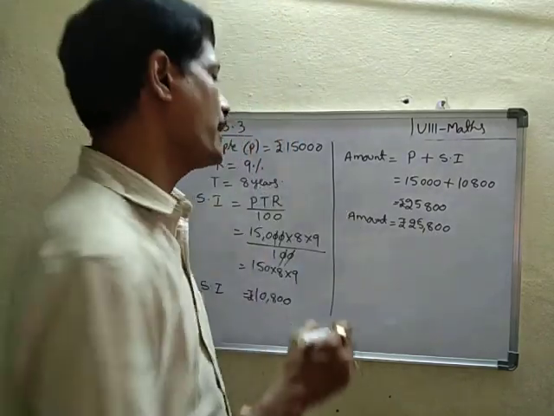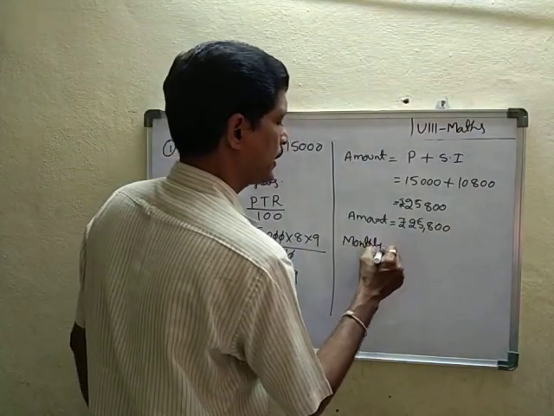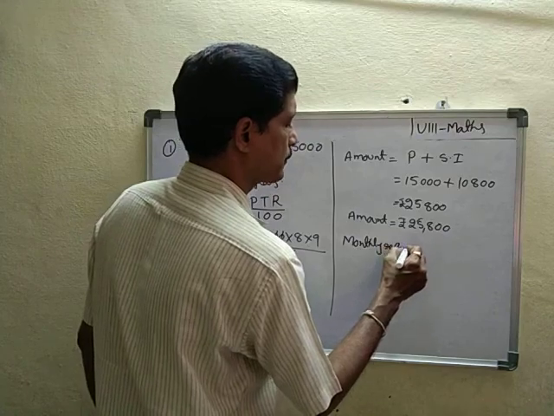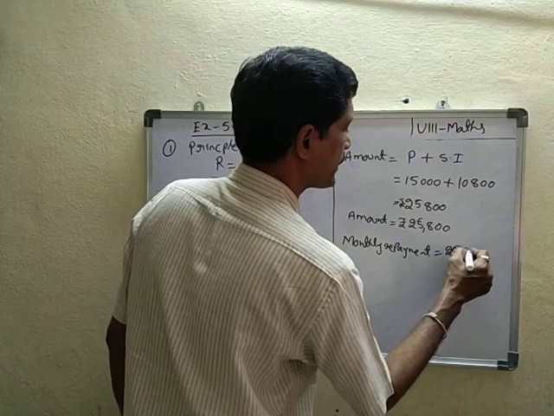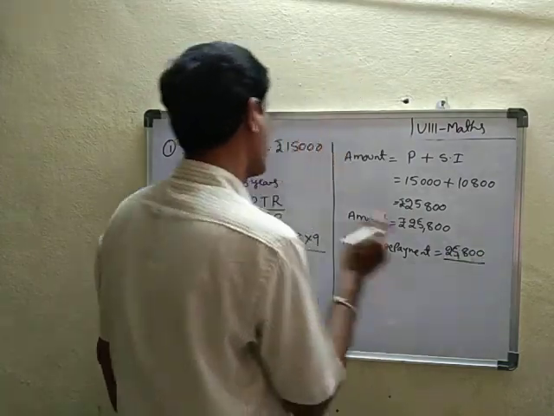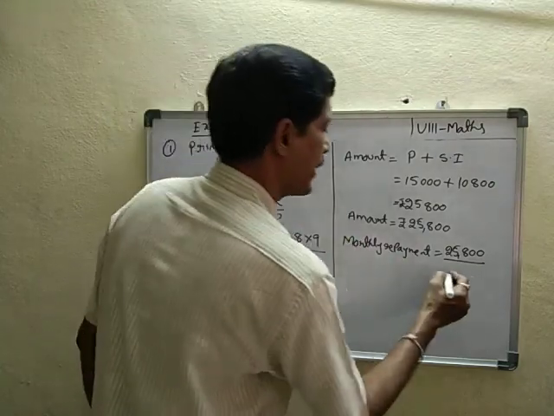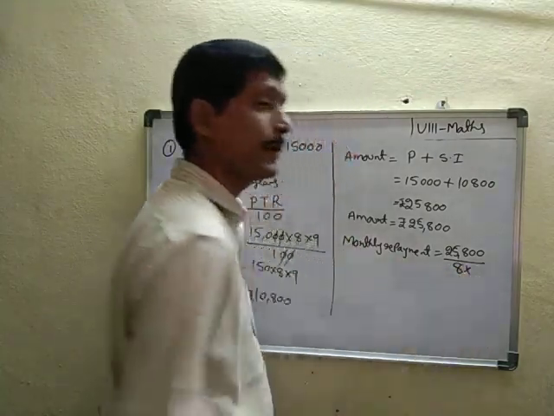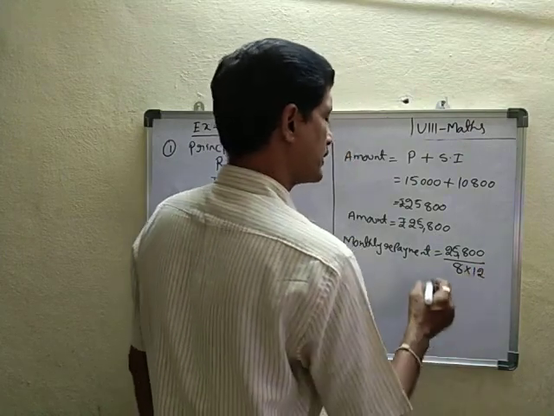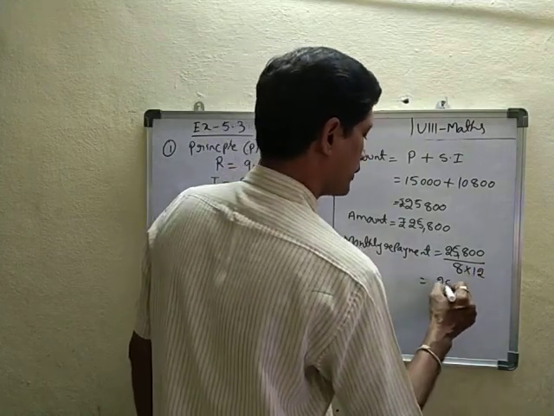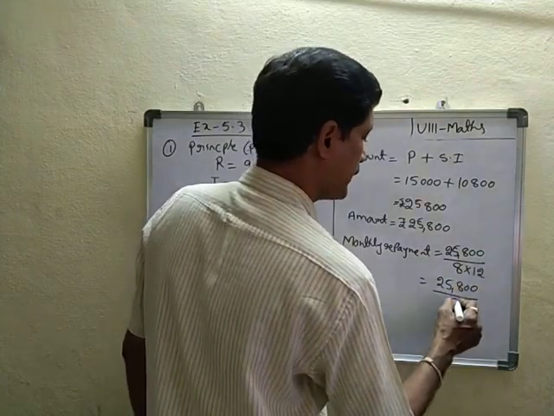Therefore monthly repayment equals the total amount, that is 25,800. Here how many years? 8 years is given. Every year equals how many months? That is 12 months only. Therefore 25,800 by 12 into 8, that is 96.